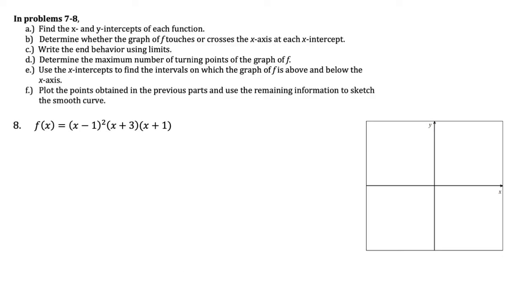Number 8, part A. You should have x equals 1, x equals -3, and x equals -1. Part B, we're going to cross at -3 and 1, -1.